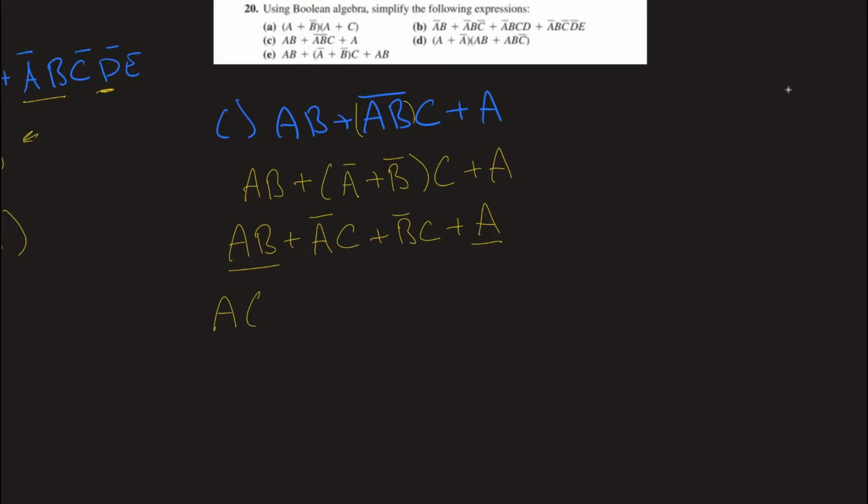A. So that's going to give me B for this one, or 1 for this one, or A naught C, or B naught C. Again, because we have something ORed with 1, that just becomes 1. And so we have A, or A naught C, or B naught C.